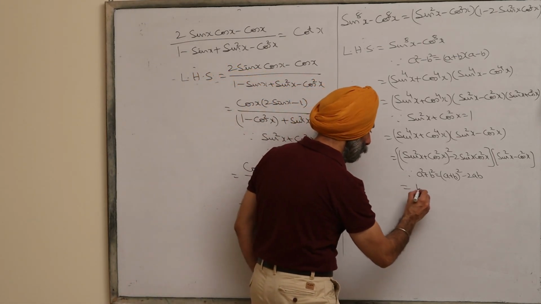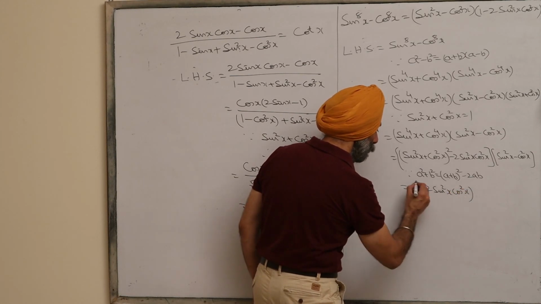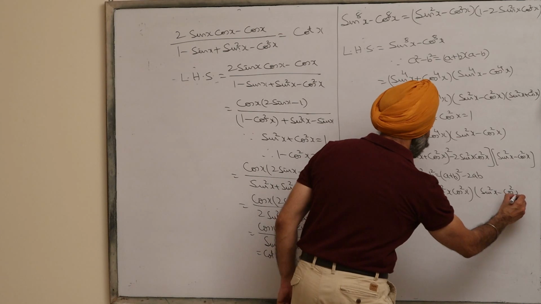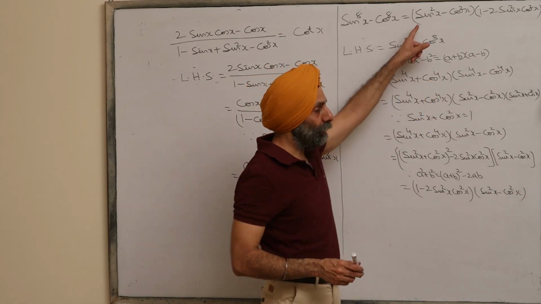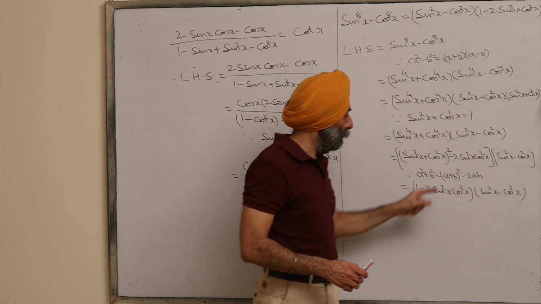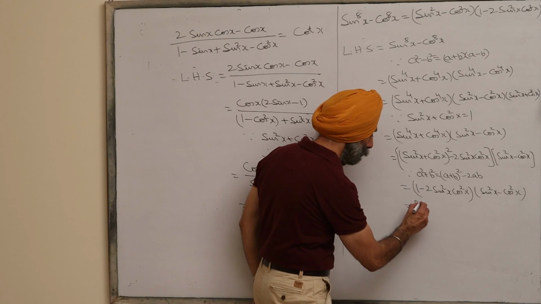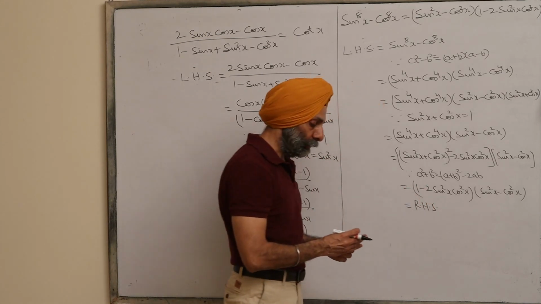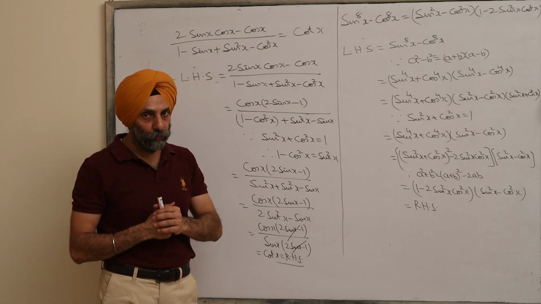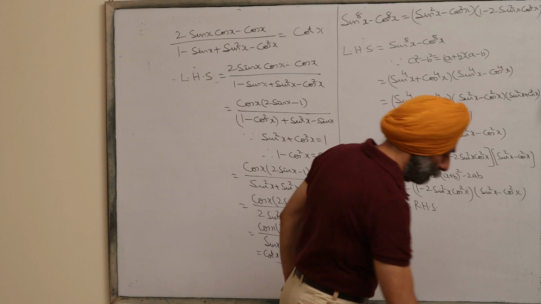So this is equal to 1 minus 2 sin square x into cos square x into sin square x minus cos square x. So what is the right hand side? It is sin square x minus cos square x into 1 minus 2 sin square x into cos square x. So that is your right hand side here. Is that clear? So this way you can prove the questions relating to trigonometric identities.